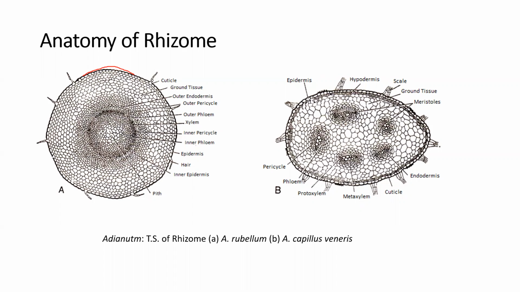So, in the dictyosteles, the xylem is divided into protoxylem and metaxylem. So, this is all about the anatomy of the rhizome of Adiantum.